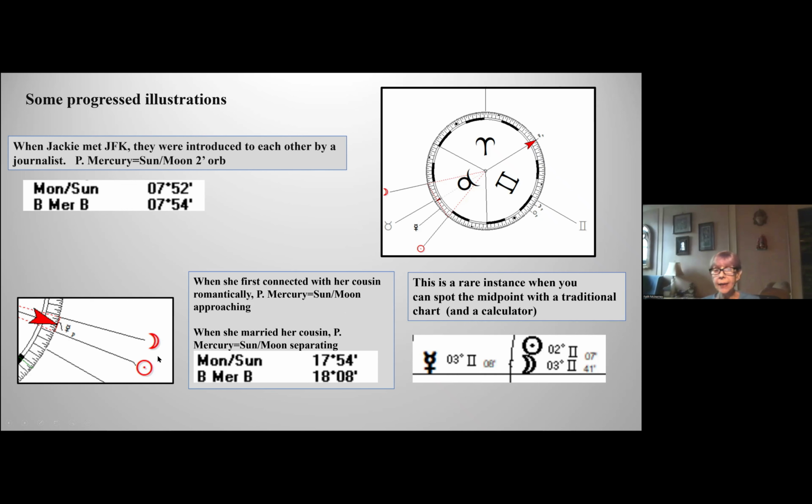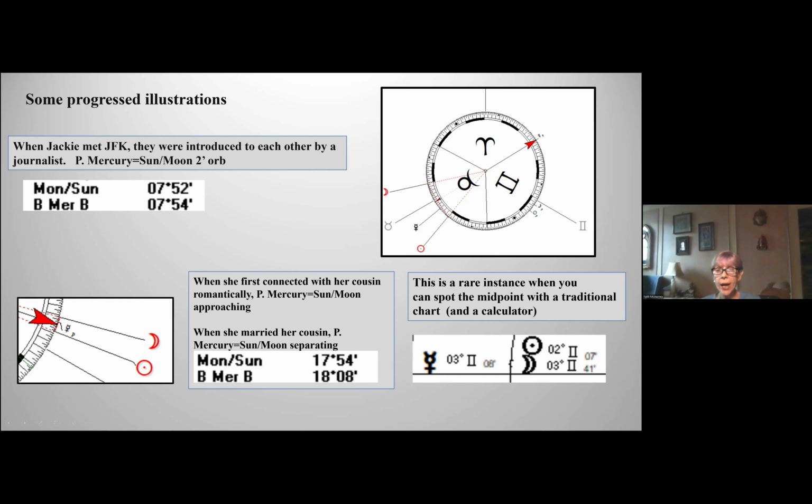It hit on, and they met and married within a relatively proximate time. And so when she married, it had already separated from the Sun Moon midpoint. So it started off lower than 1754. They were courting while it hit 1754, and they married when it was 14 minutes past the midpoint.